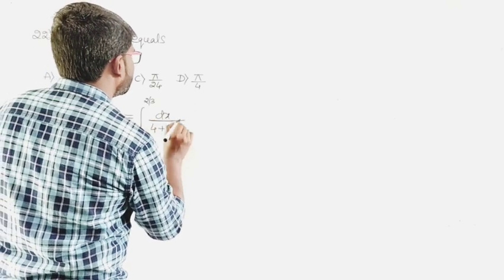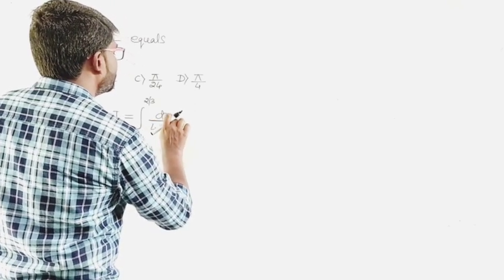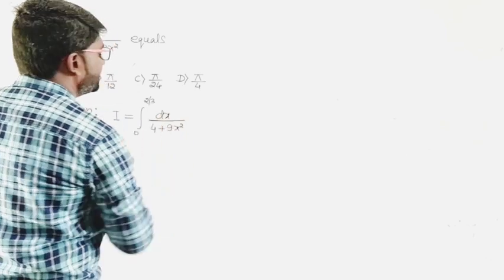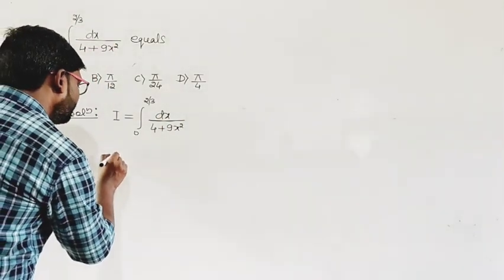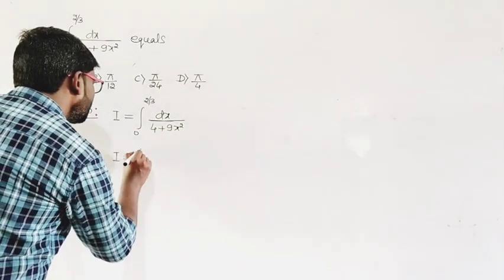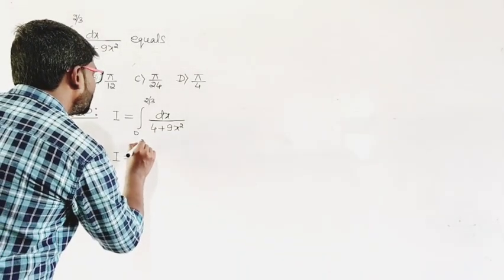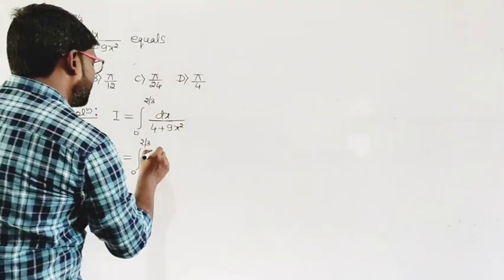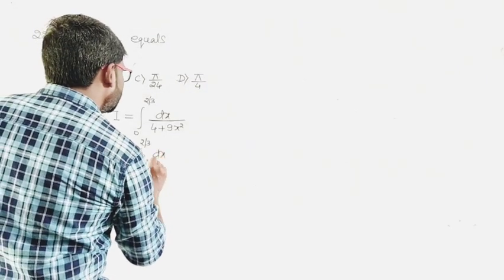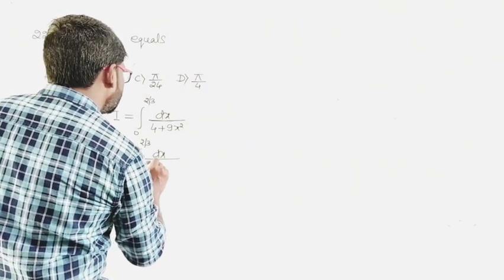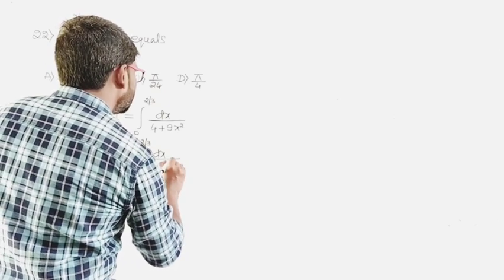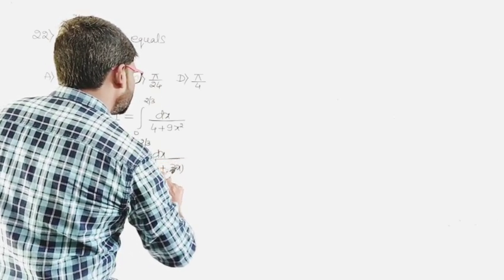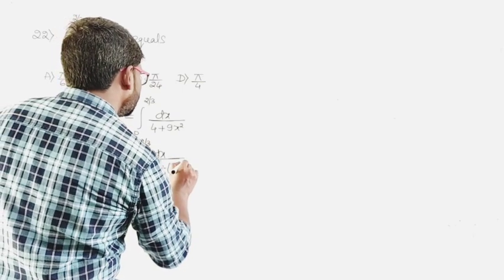Then in the next step I write 9x square as 3x the whole square. I is equal to the integral from 0 to 2 by 3, dx upon 4 which can be written as 2 square plus 3x the whole square.